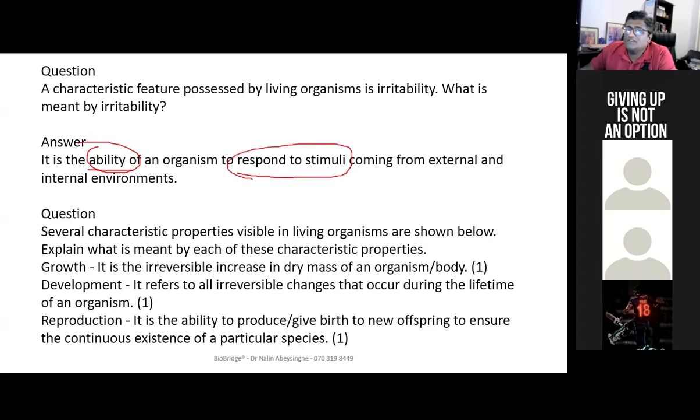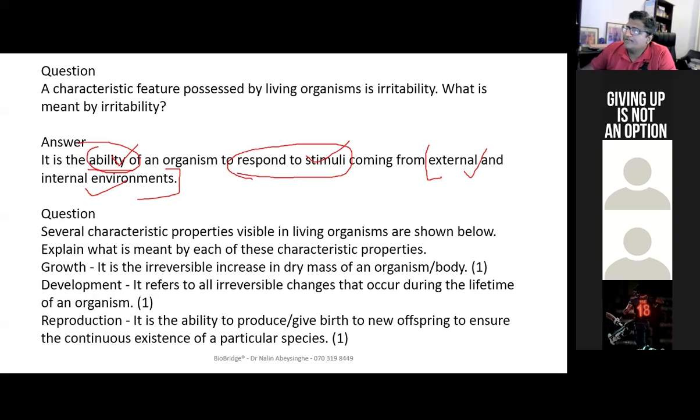You have to be able to respond to stimuli coming from, these words are mandatory, external and internal environments. If all these are there, you will be getting full marks for the question. The ability of an organism to respond to stimuli coming from external and internal environments. Right?